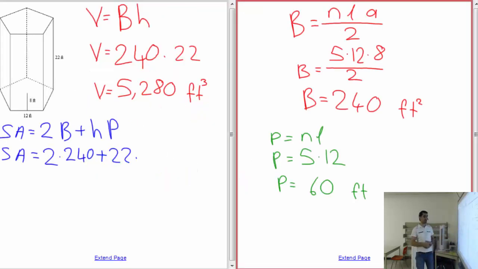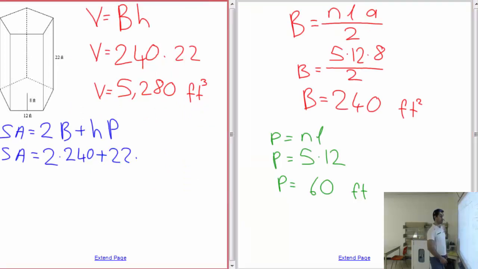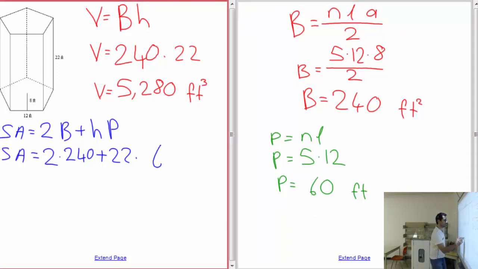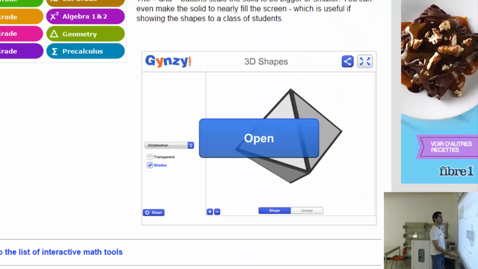So let's see both pages. I just calculated that as 60. So instead of P here, I'm going to write down what I just found out, 60. So the rest is just calculator work. I'm going to use my scientific calculator for that.